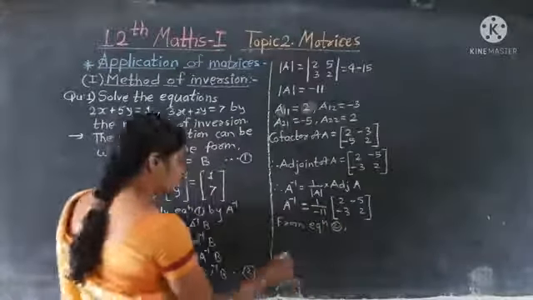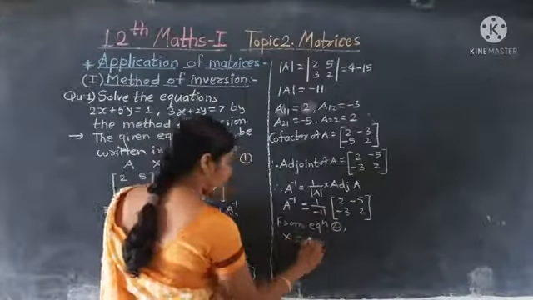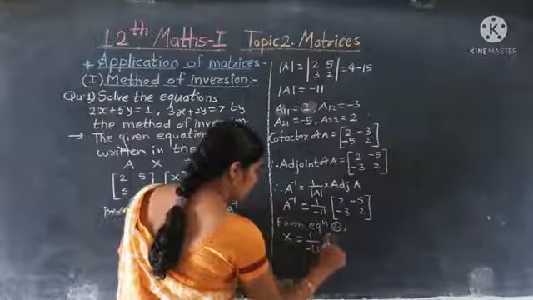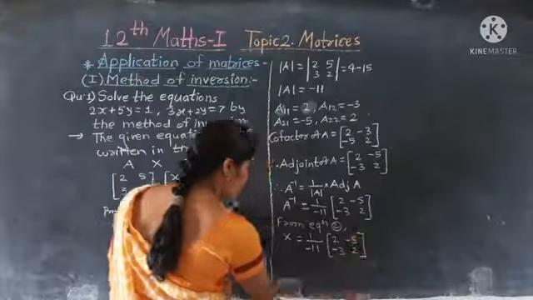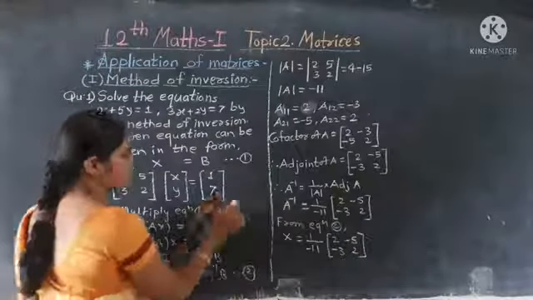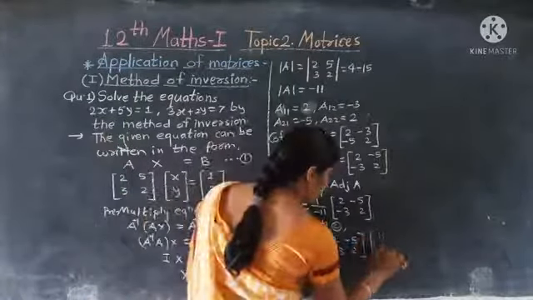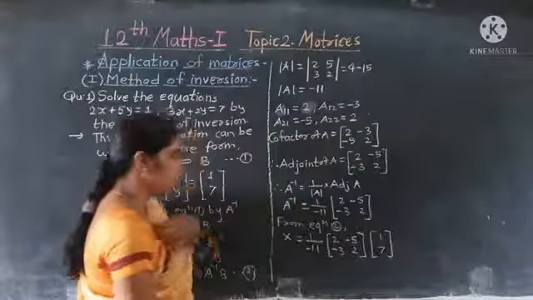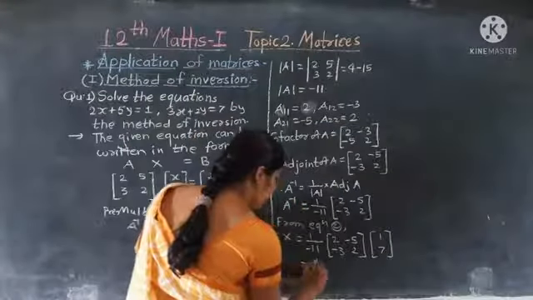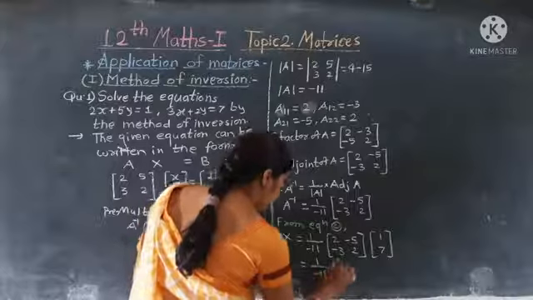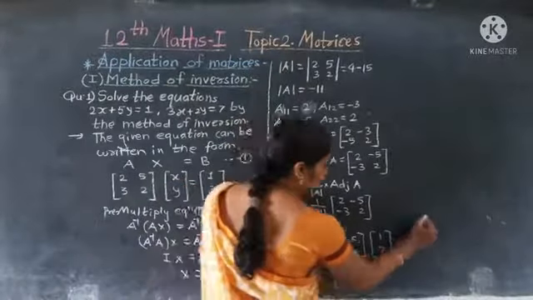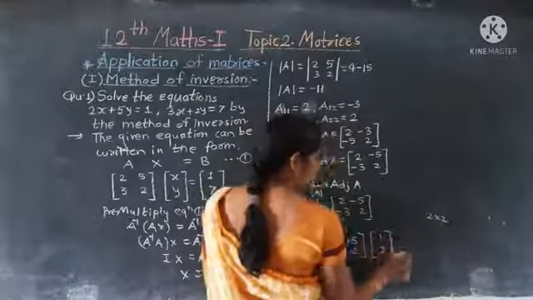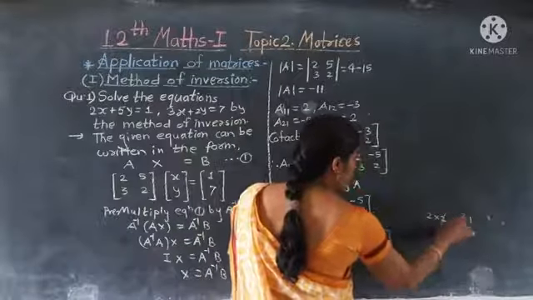you write X is equal to A inverse, which is 1 upon minus 11, 2, minus 5, minus 3, 2. And what is B? B is 1, 7. Okay, so you write here 1 upon minus 11. Here you multiply. This matrix is of order 2 by 2 and this is of order 2 by 1.